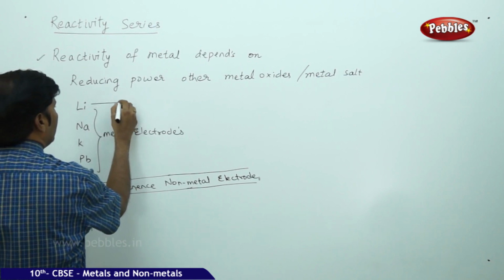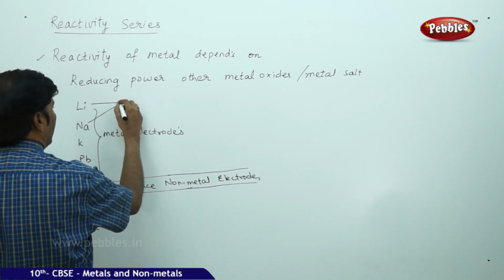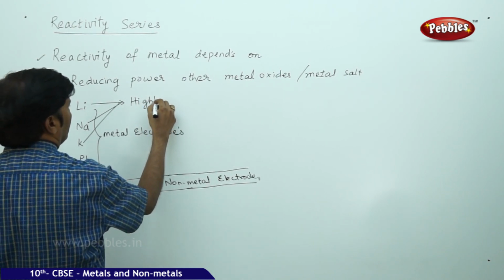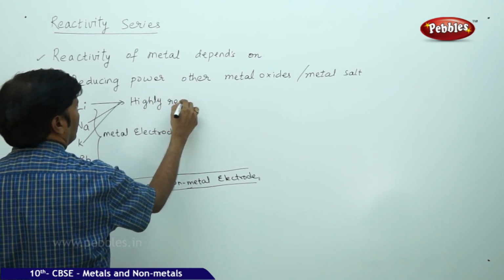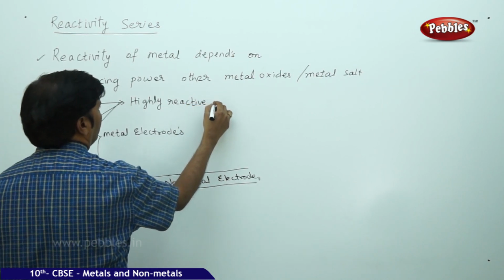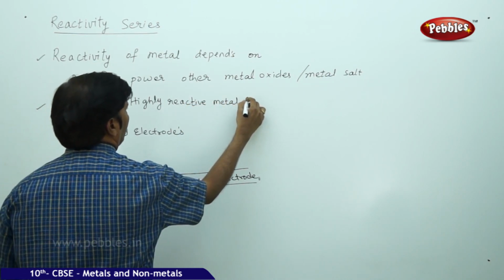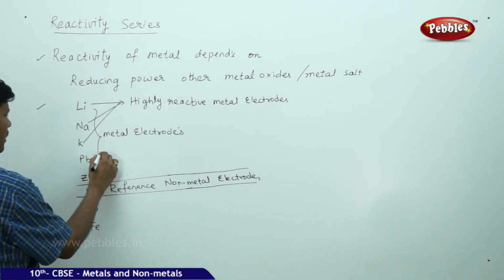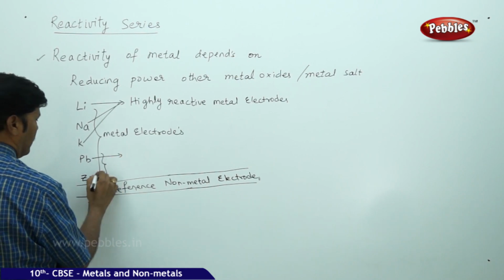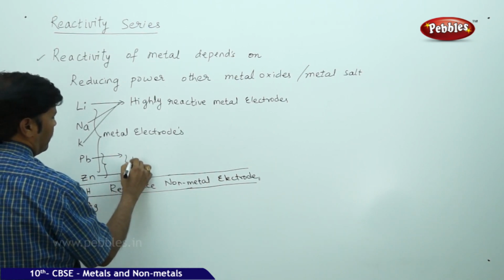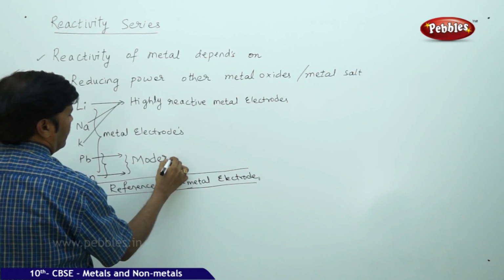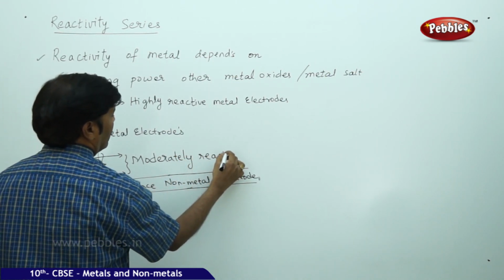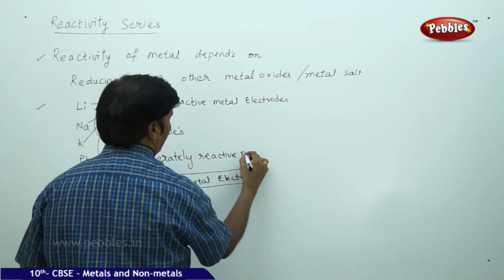And here what you are noticing is, for example, if you take lithium, sodium, potassium, highly reactive metal electrodes. Here you can take lead and zinc in particular, moderately reactive metal electrodes.